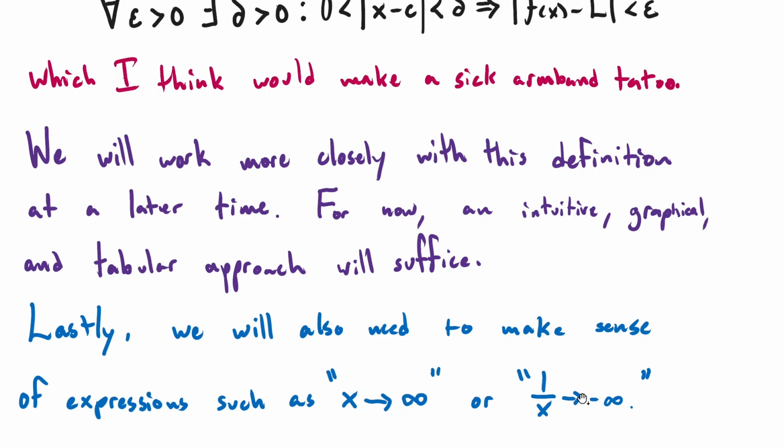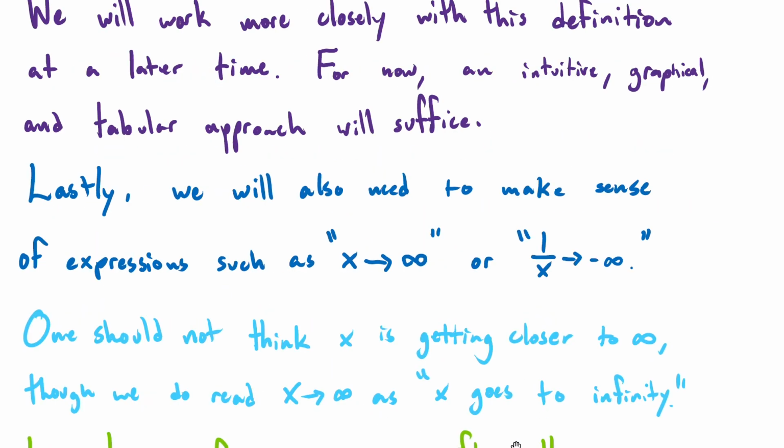The final thing that I'd like to make sure that we're all on the same page about is what do we think about expressions such as x approaches infinity, or 1 over x approaches negative infinity. So these uses of infinity might not really jive with what we've said already about approaching arrows. And that's because x never really gets close to infinity.